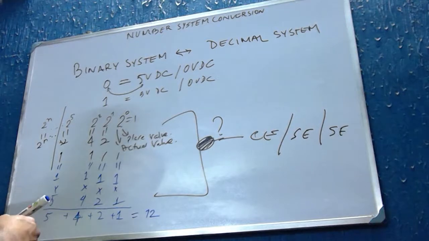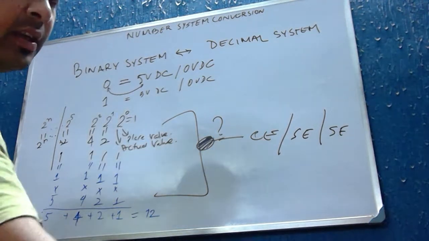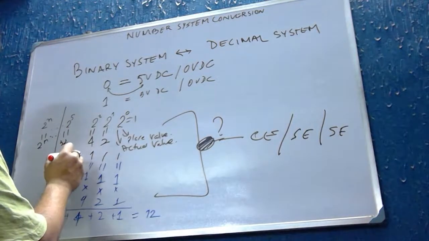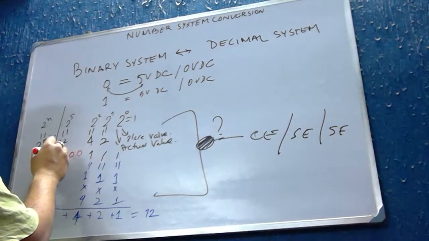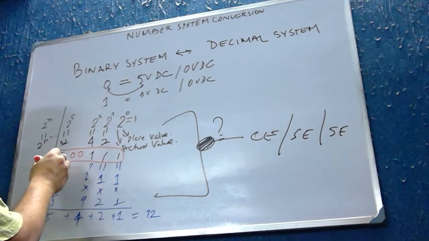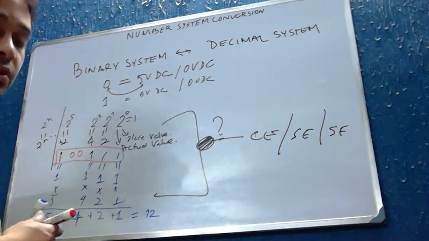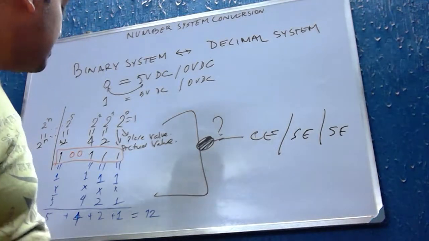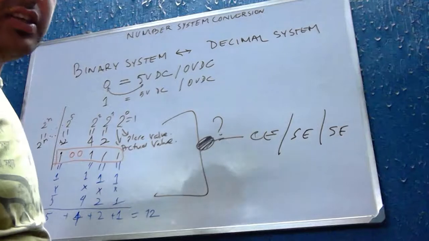So your number, which was basically 1011, is nothing but 12 in your decimal.